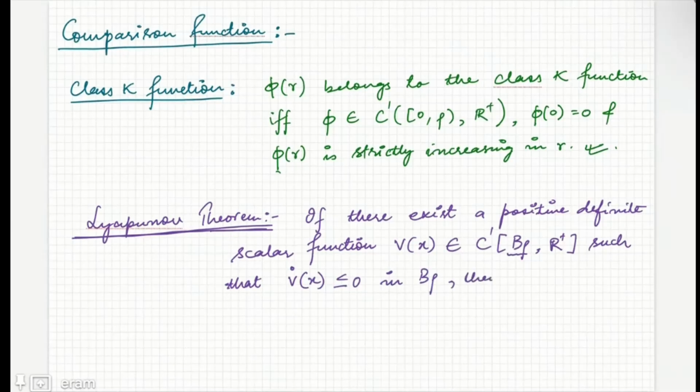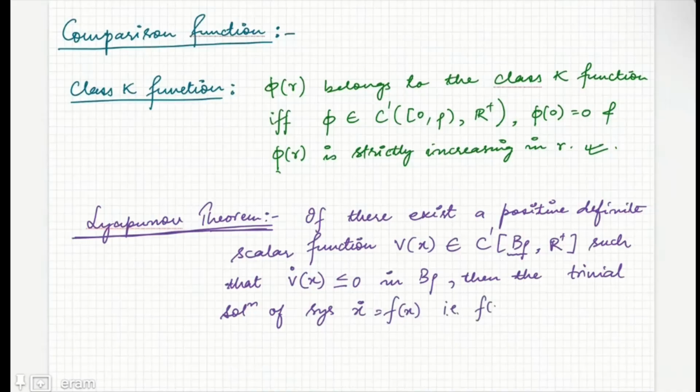Then we call the trivial solution, or the equilibrium point, of any nonlinear system x dot equals f(x), stable. That is, we are interested in the equilibrium.